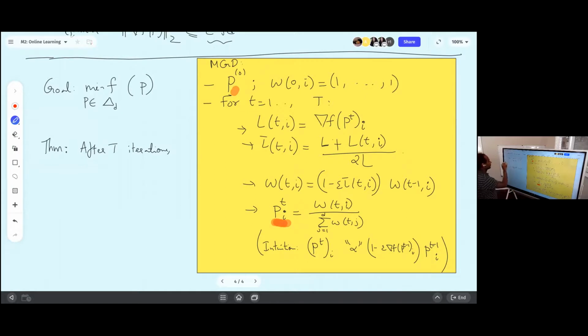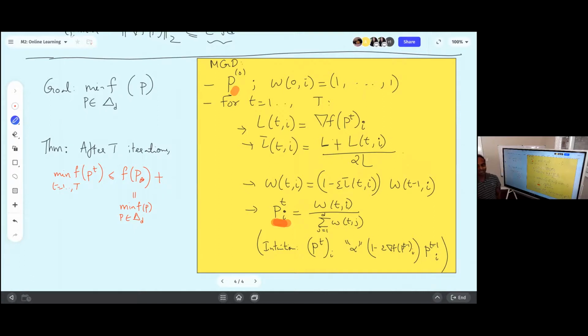So if you focus on that, then the min of f(p_t) over t equals 1 to T, among all the T iterates, there is one whose value is very close to the absolute best, which is the minimum of f over the simplex, plus some loss term. And what is that loss term?